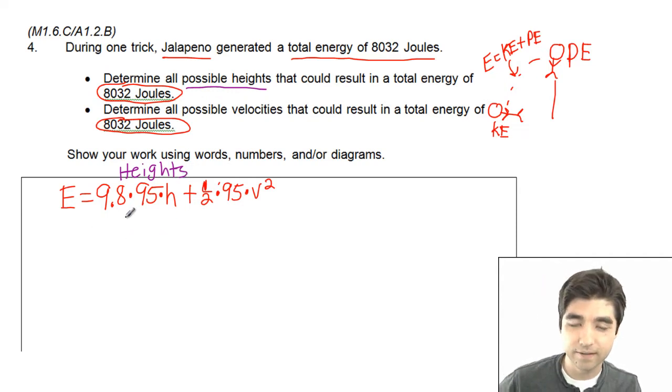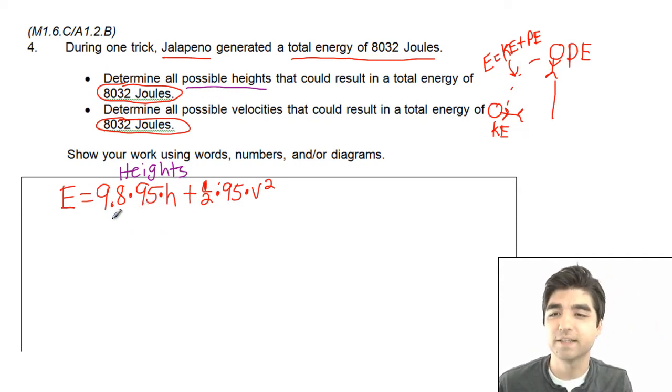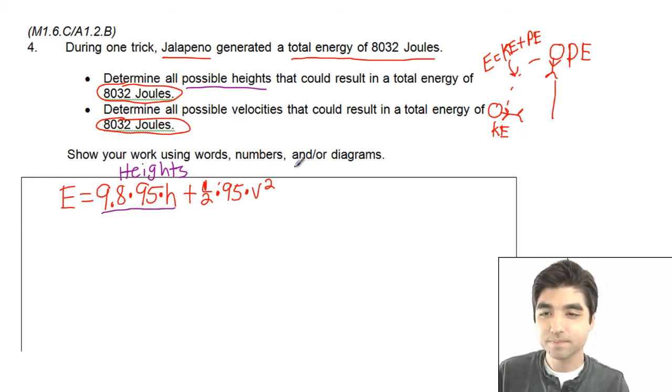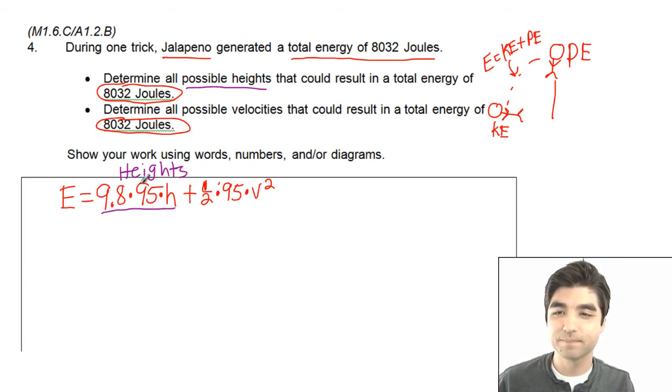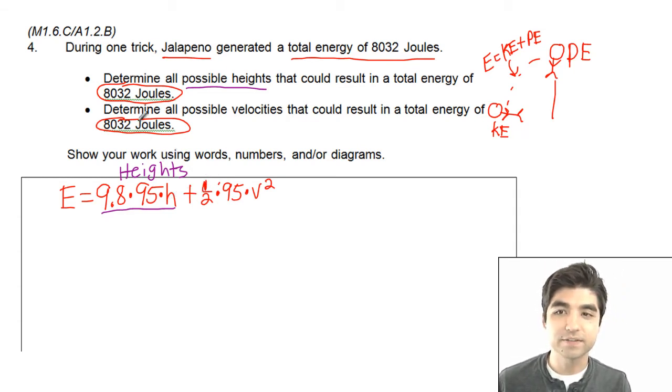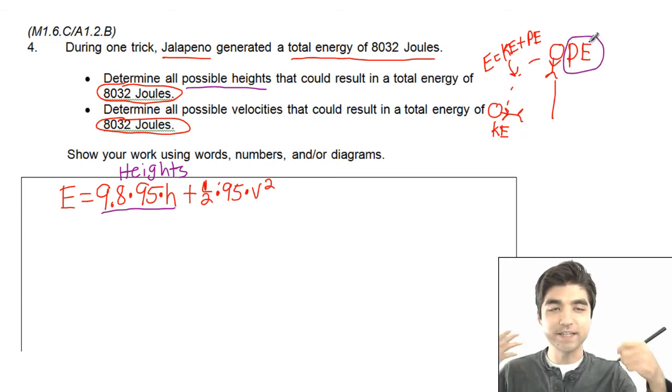Now the part of the equation that has heights is the potential energy part. If we want to know all the heights that could equal 8,032 joules, it's going to be when PE has all the energy.